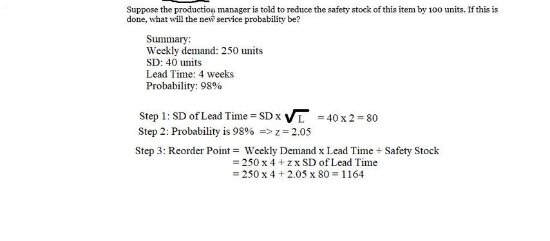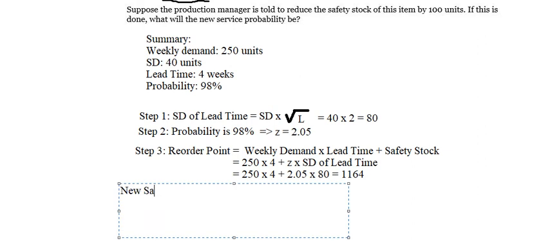Suppose the production manager is told to reduce the safety stock of this item by 100 units. If this is done, what will the new service probability be? We have the safety stock here.